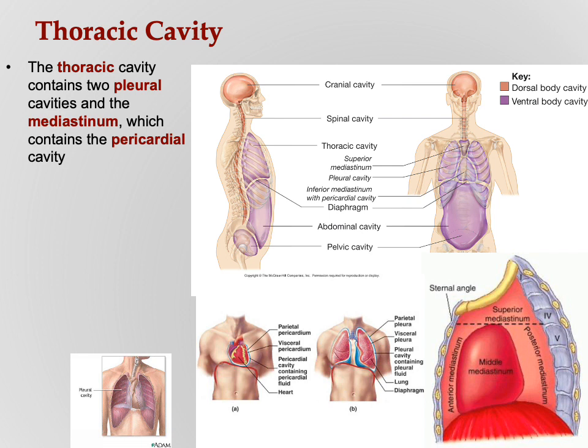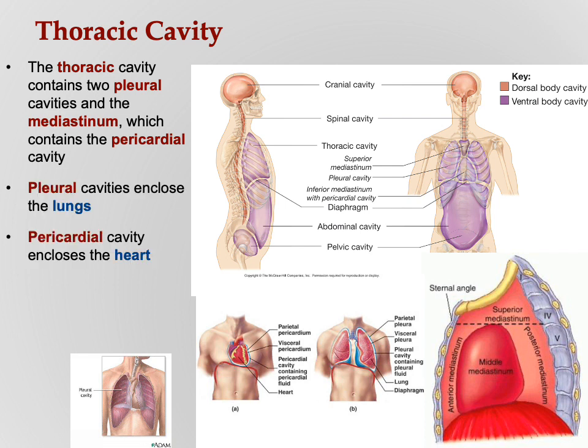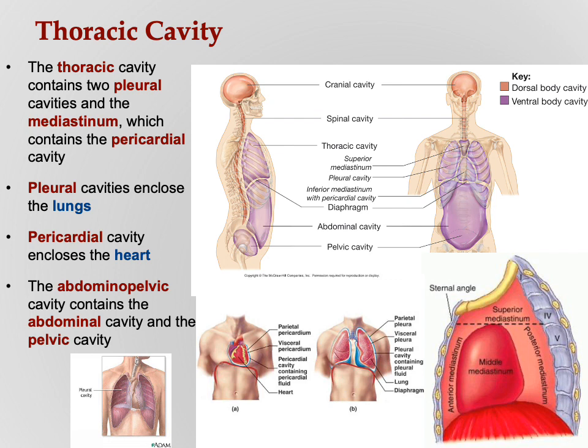You don't have to know those for me, not for this class, but you do have to know in general mediastinum, okay? Pleural cavities enclose the lungs. Pericardial cavity encloses the heart, all right? And the abdominopelvic cavity contains abdominal and pelvic. There's actually not a hard dividing line between abdominal and pelvic. We'll get to that in a few minutes here.